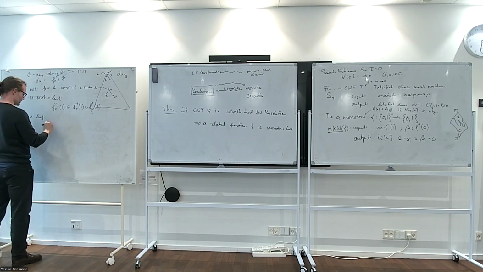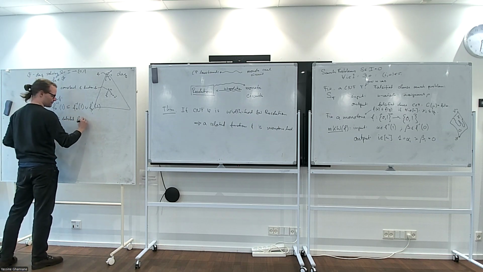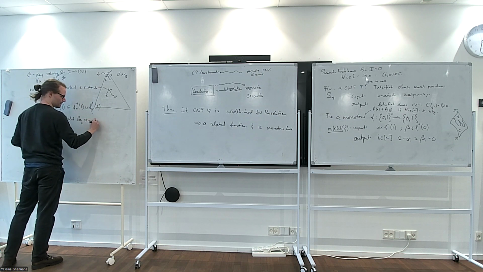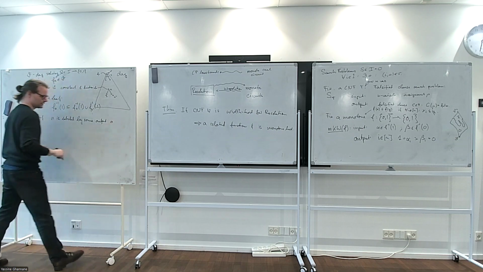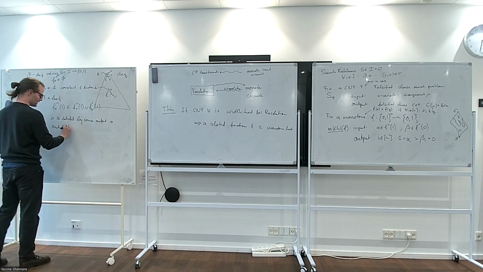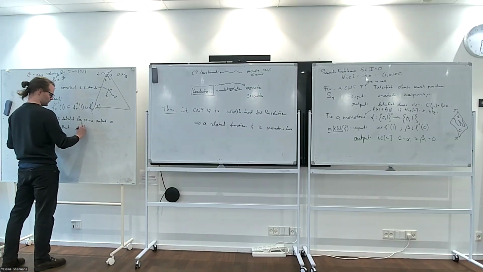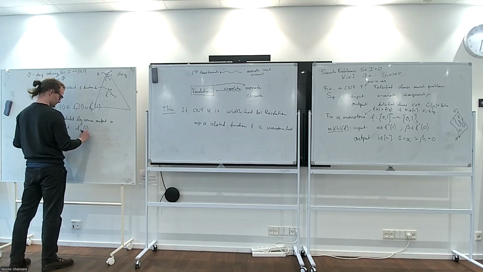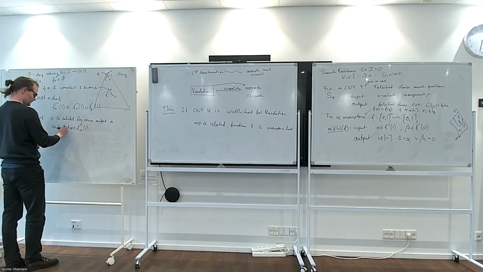Let me write this. So for a leaf, we have that u is labeled by some output o, such that whatever we rule out at this node, f_u inverse of 1, is such that for all alpha that are ruled out, right?